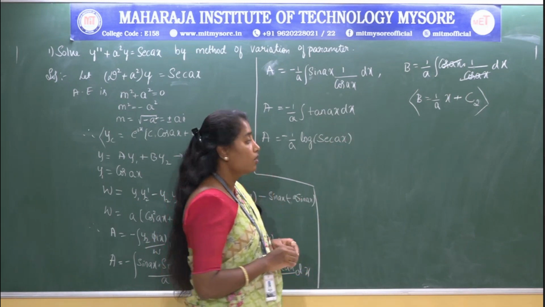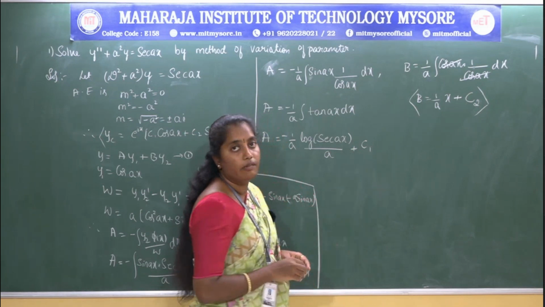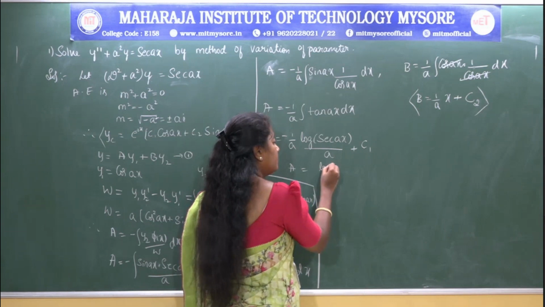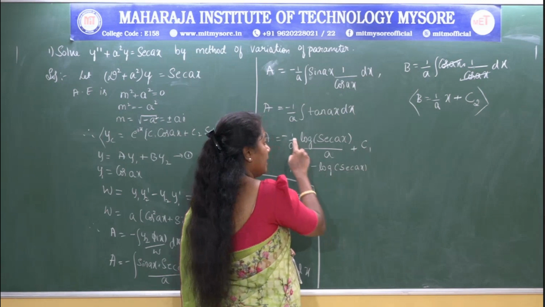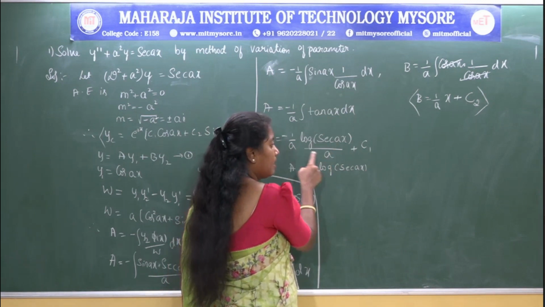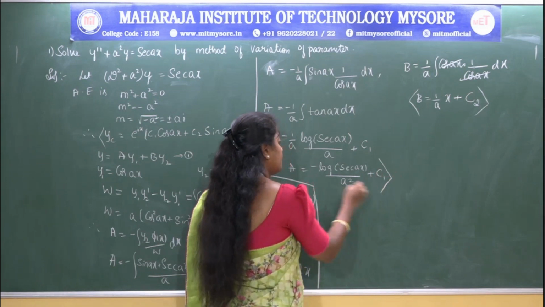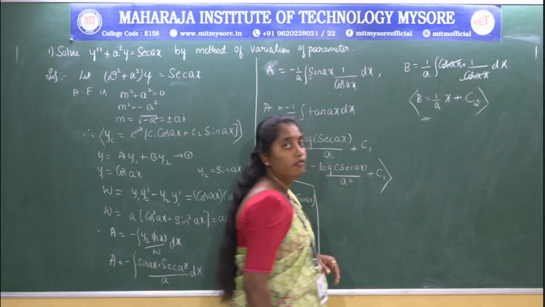Integration of tan is log of secant ax by a plus integral constant c1. So the value of A is equal to minus log of secant ax by a square plus c1. So this is the value of the parameter A and this is the value of B.